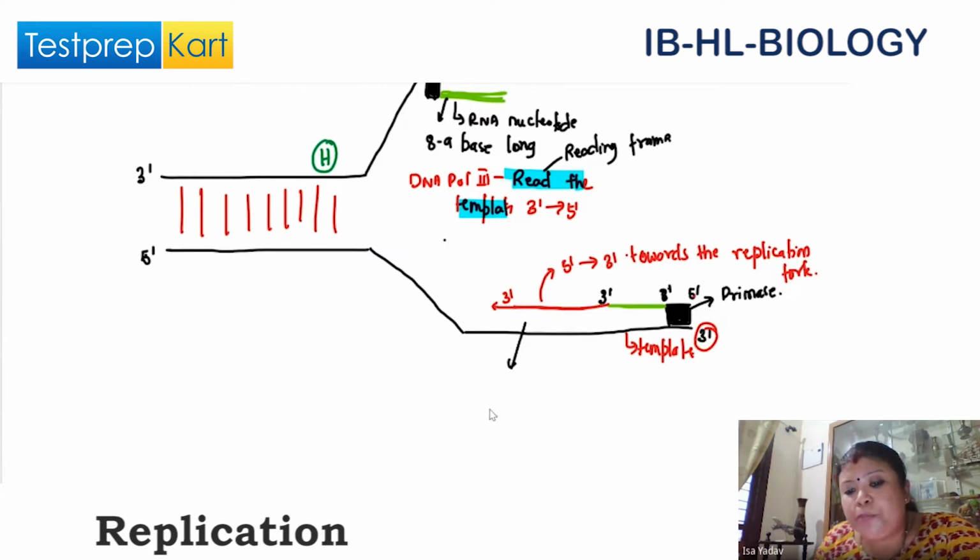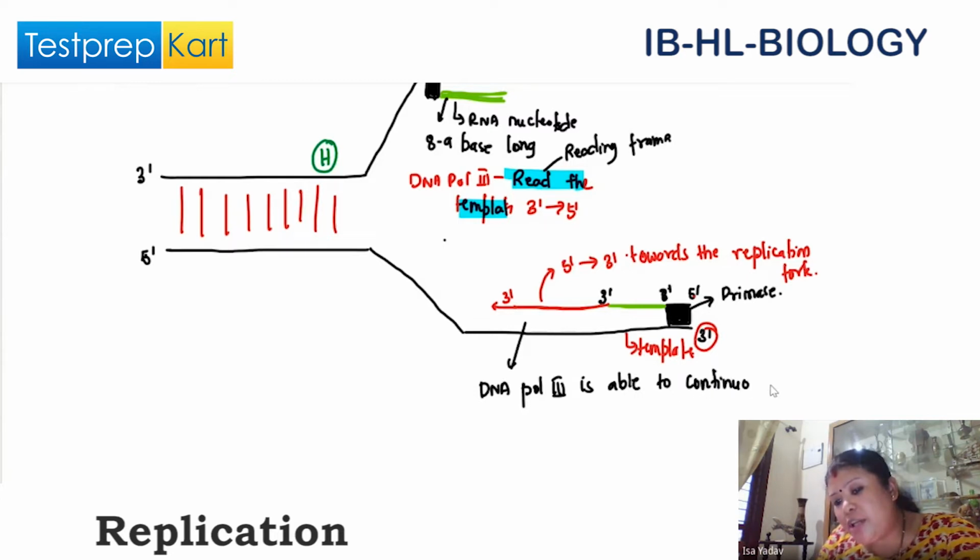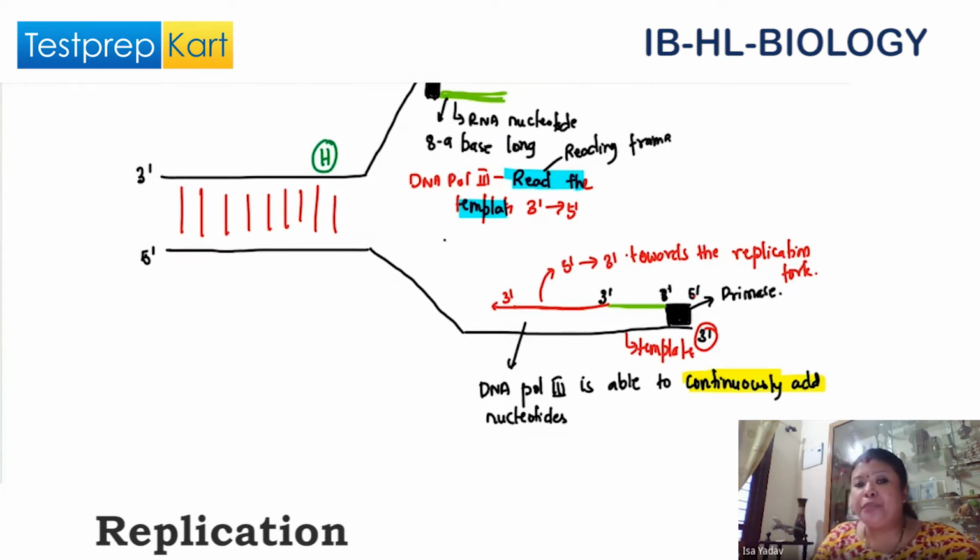I'll write it here. DNA polymerase 3 is able to continuously add nucleotides. Okay, you have to stress on the word continuously adding. Add the nucleotide. Why?